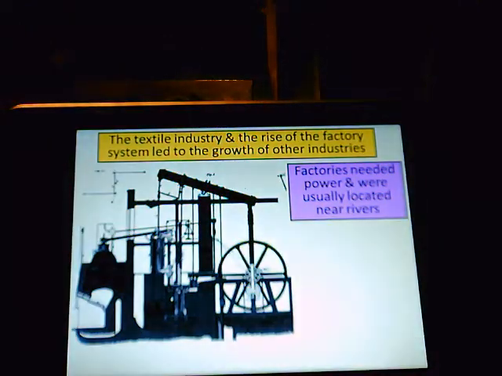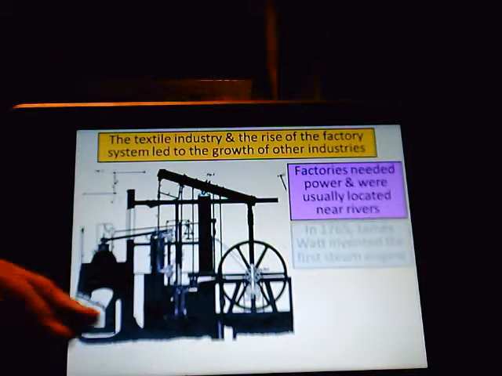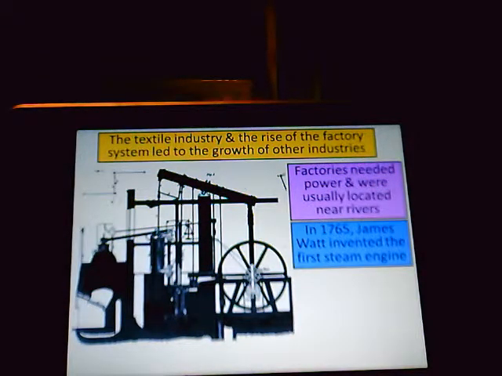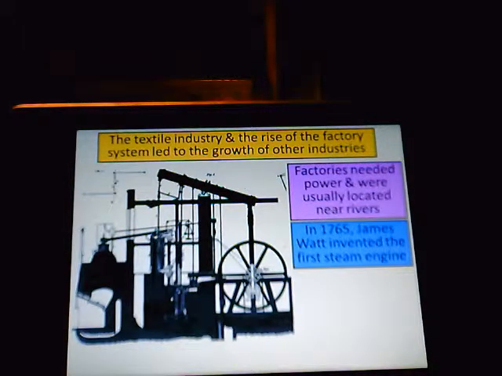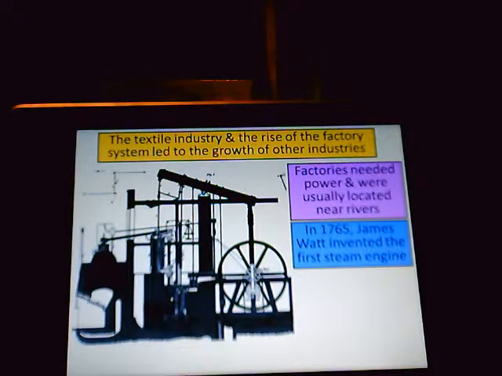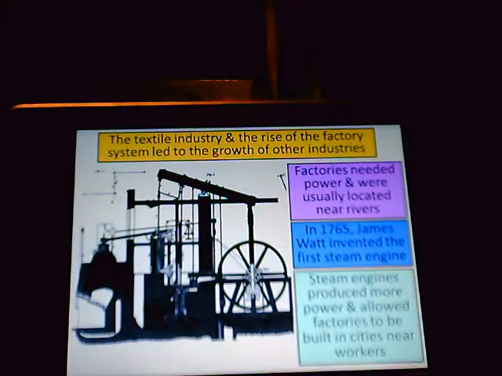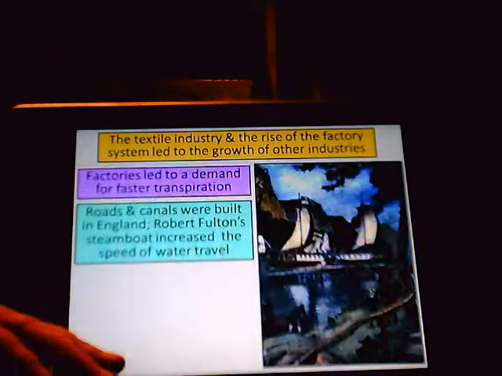Factories needed power and were usually located near rivers. In 1765, James Watt, you might have heard that name before, invented the steam engine. The steam engine produced more power and allowed factories to be built in cities near workers.